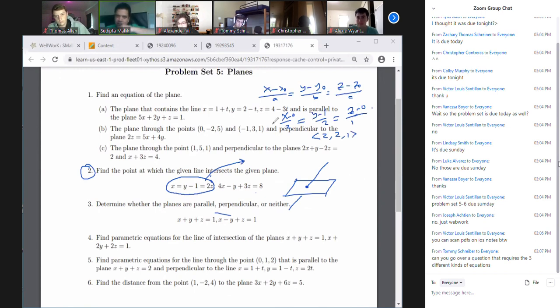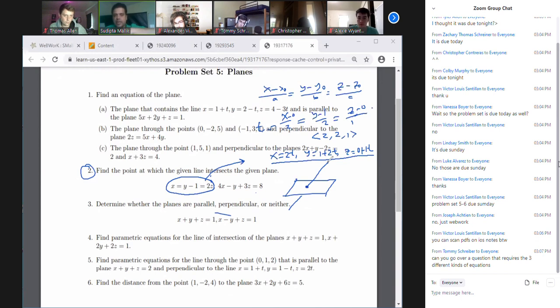Now if you equate all this to t, then you get your parametric equation. So x would be what? 2t, y would be 1 plus 2t, and z would be 0 plus 1t, right? Is this clear how we get the parametric equation? Okay, so what does that mean?